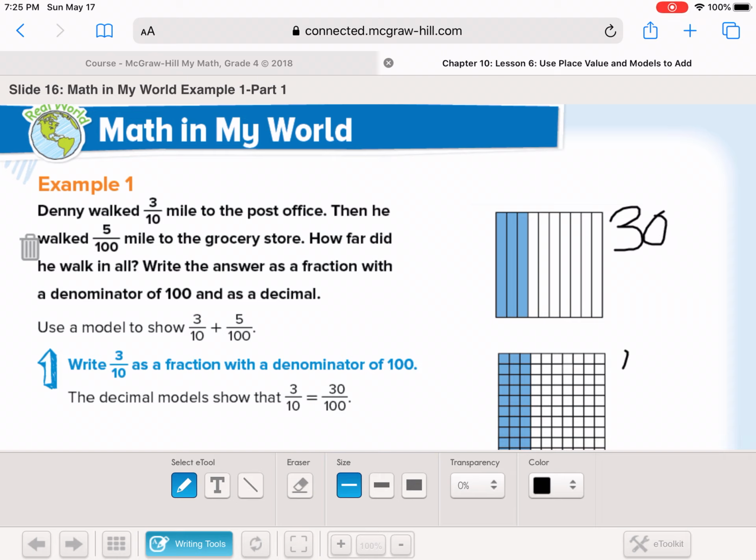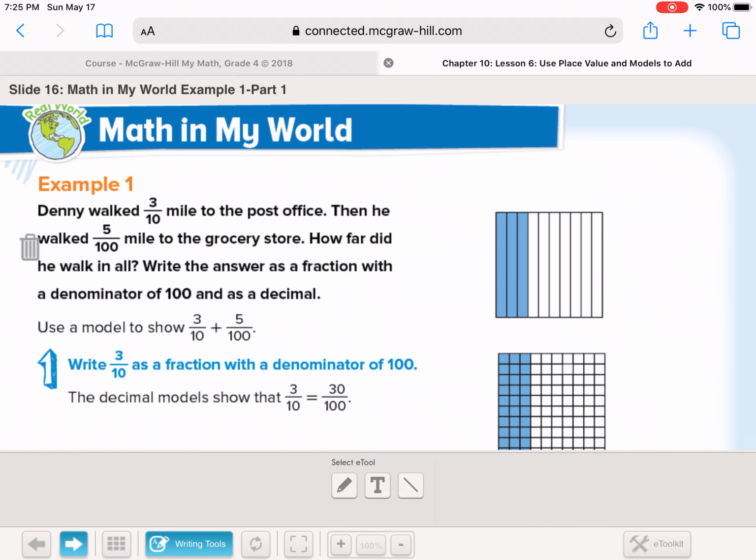And down here we have 5. Well, 30, 3 out of 10 is 30. So 30 plus 5 is 35 over 100. Now, they want you to also write it as a decimal. So it'd be 0.35.